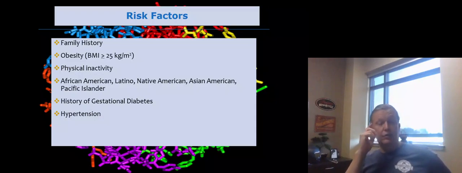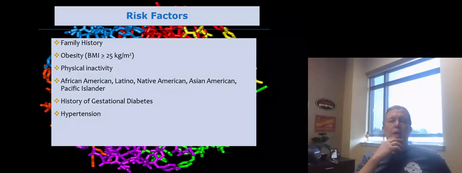These are the minority populations specifically that have an increased risk for developing diabetes. Again, not necessarily because of weight. There could be dietary factors that are similar. I'm not trying to say that these minorities have more likelihood of being overweight. What I'm saying here is that these minorities are considered a risk factor for the development of diabetes.